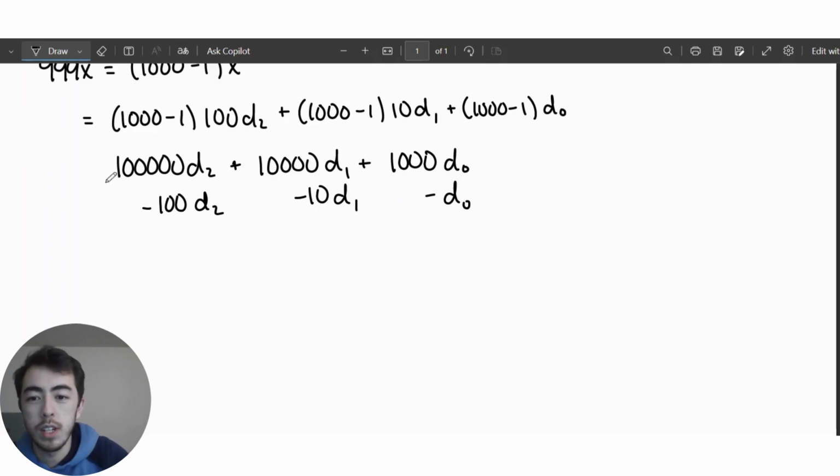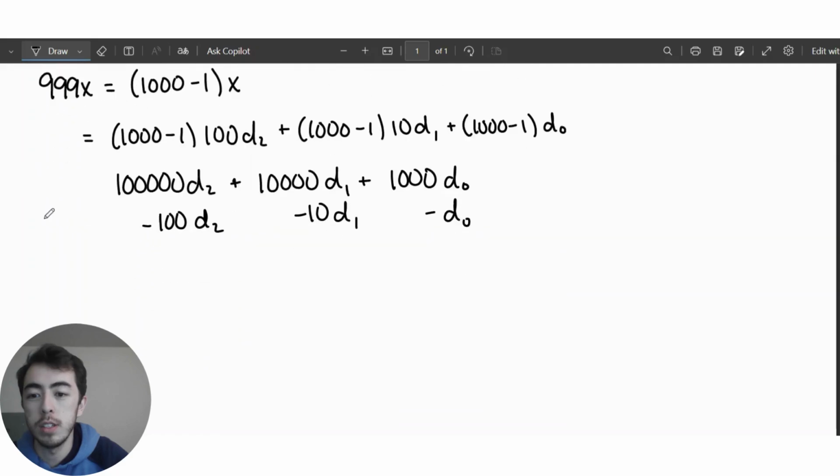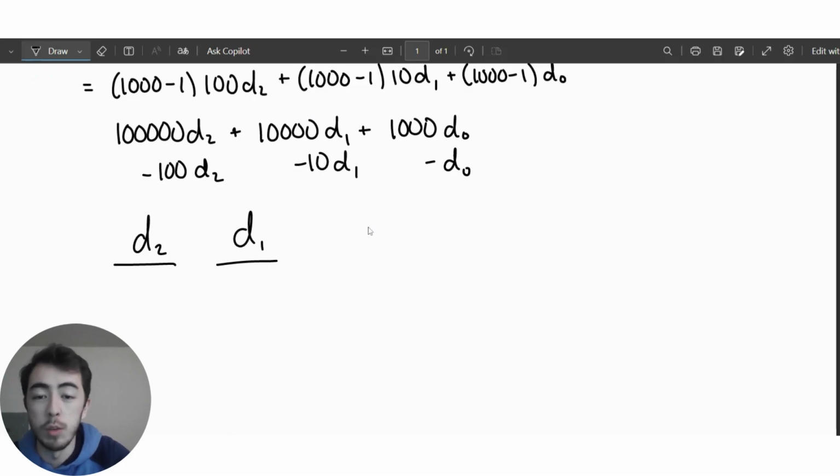So it's kind of like I have an expanded form of my number, because it's like I have these powers of 10 attached to all my digits. And I could think about it as, well, this right here just tells me that my 100,000th digit is just D2. Then my 10,000th digit is just D1.